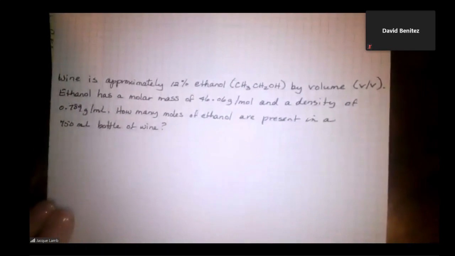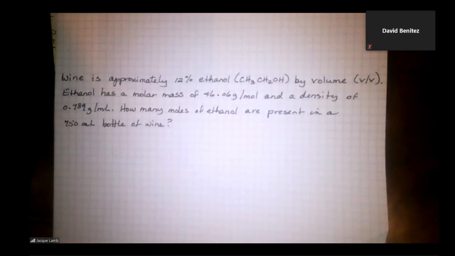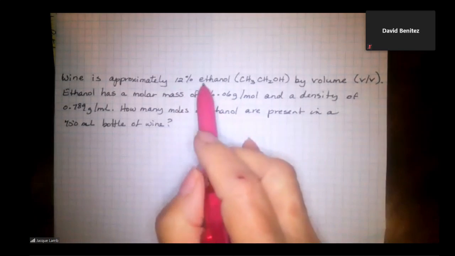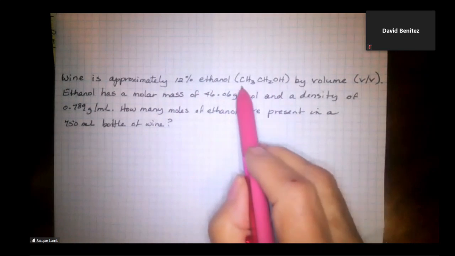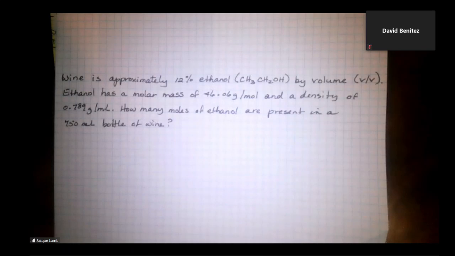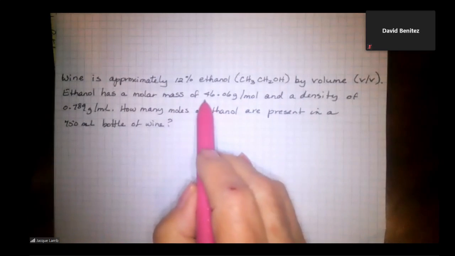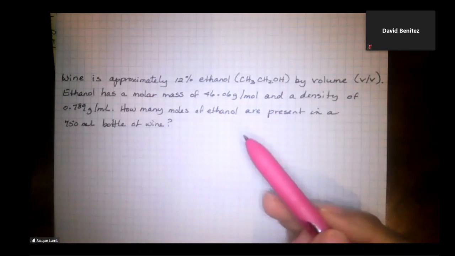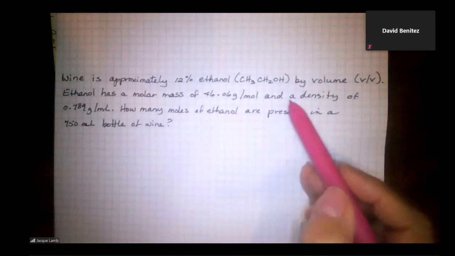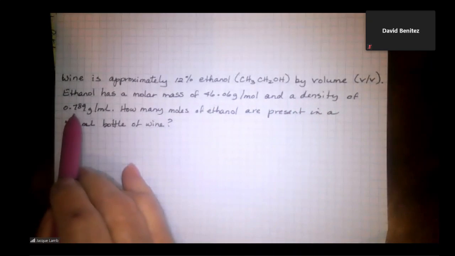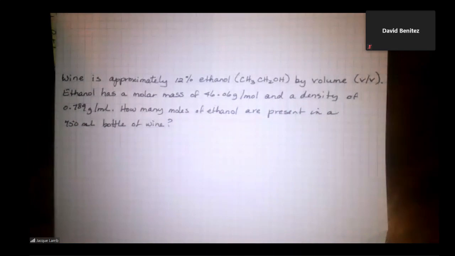Okay, so we have another one. This is a volume problem. Wine is approximately 12% by volume ethanol, and this is my formula for ethanol. Ethanol has a molar mass of 46.06 grams per mole and a density of 0.789 grams per milliliter.